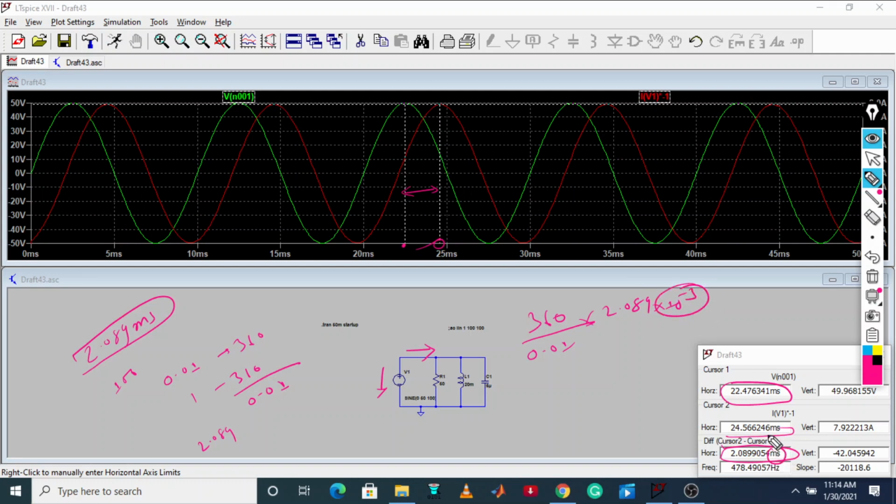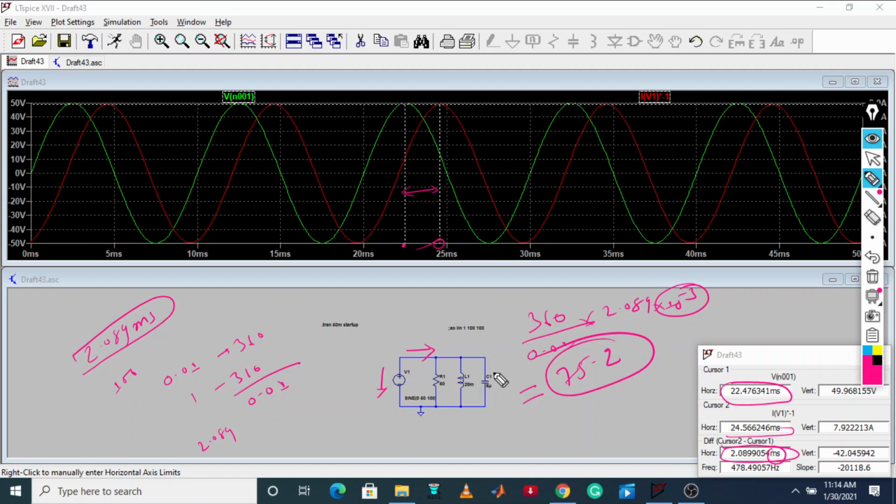Let me calculate with the calculator: 360 divided by 0.01 into 2.089 into 10 to the power minus 3 comes to around 75.2.